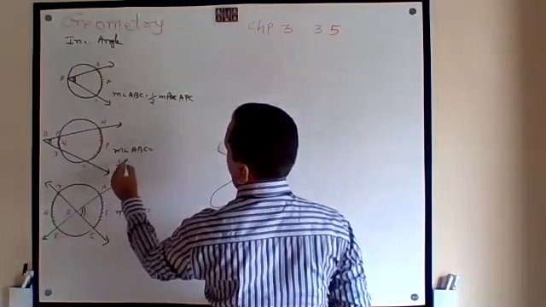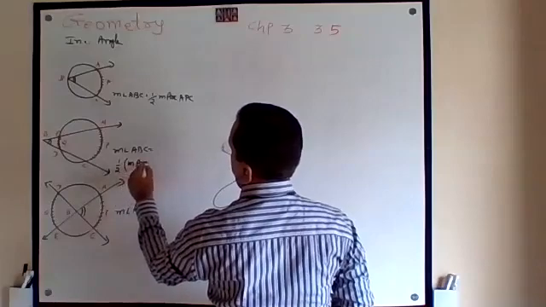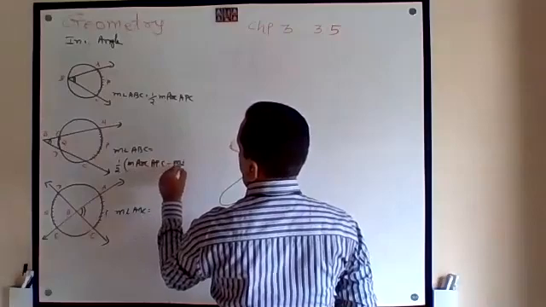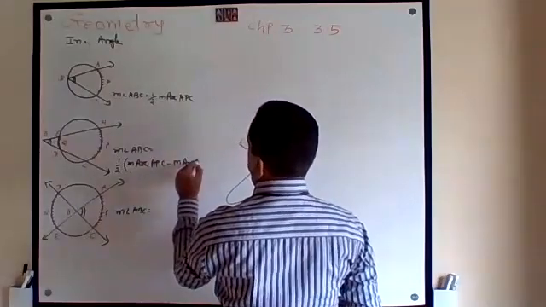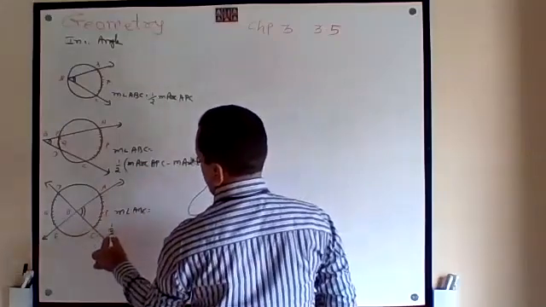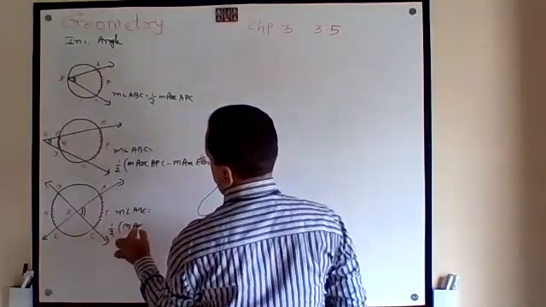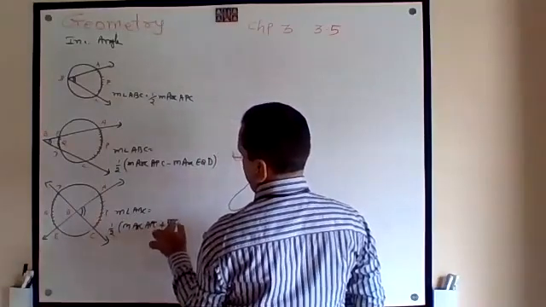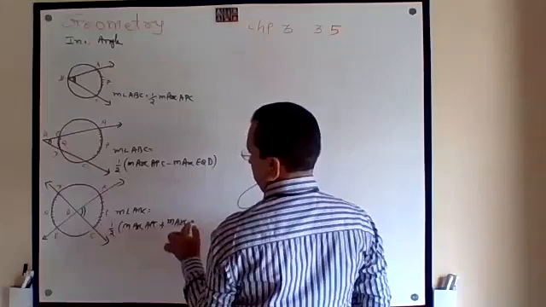This one is half of major arc APC minus major arc EQD. This one is half of major arc APC plus major arc DQE.